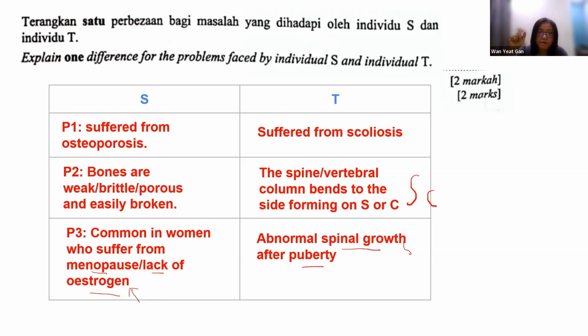Sometimes there is an abnormality during growth, so it doesn't grow properly. It grows and bends towards one side, in the shape of S or C.